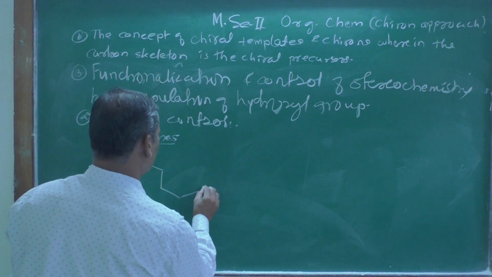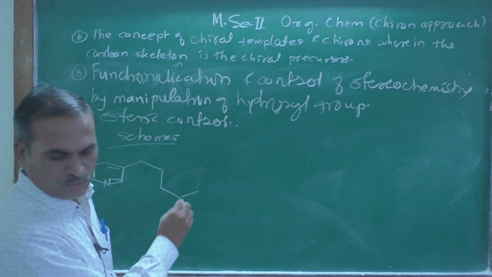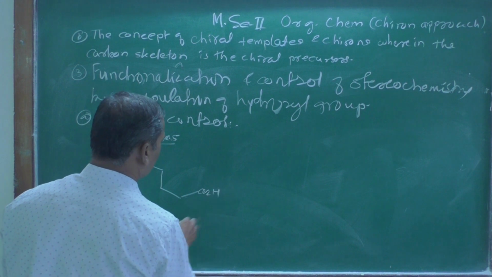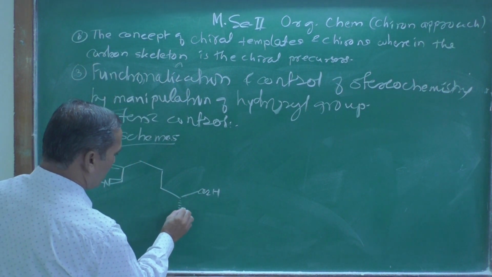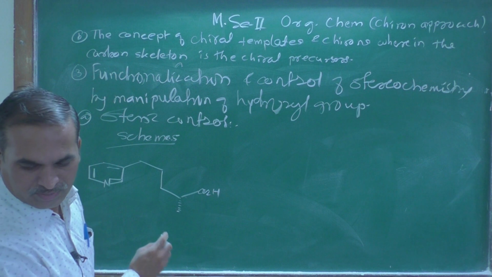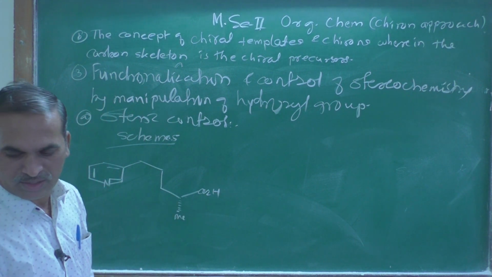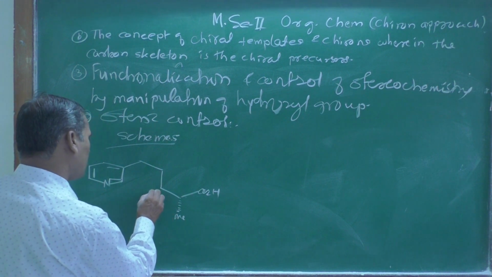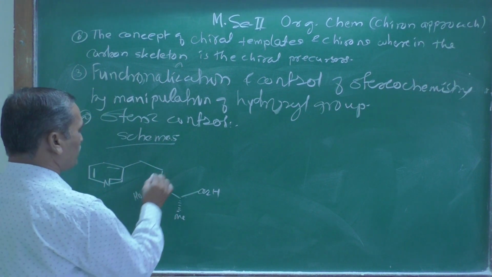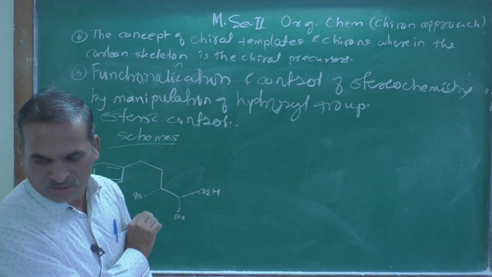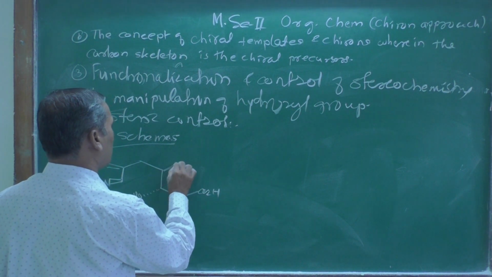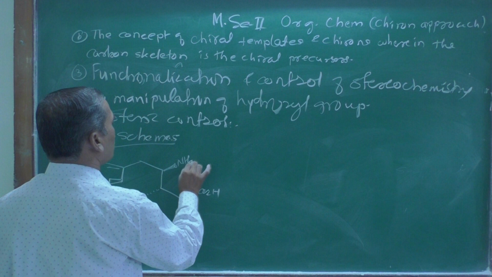Then here is a CO2H carboxylic group, and here must be the methyl group. One methyl group is present over here, and here is a hydroxyl group, and at this junction there will be the amine group which is above the plane.